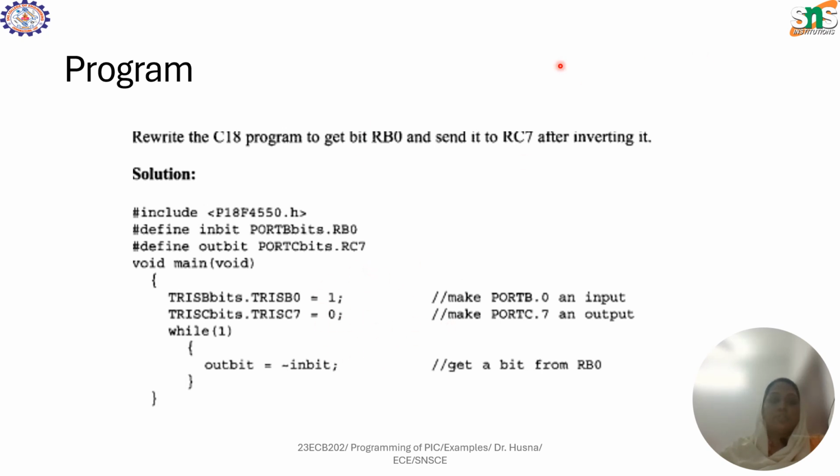So every time we read the input, invert it, and store it. If it is the RB zeroth value, that value will be stored in the seventh bit. Where do we use this? This type of function can be used with the internal pull-up optionally. This type of program will help with debouncing the input if we have a button.